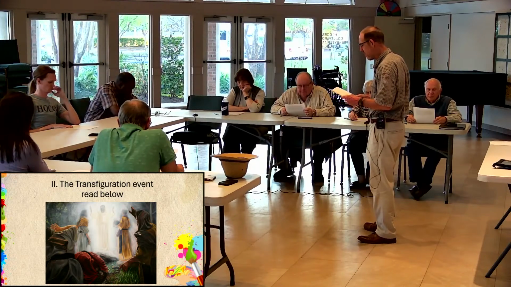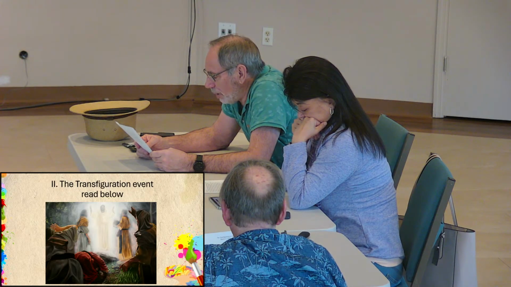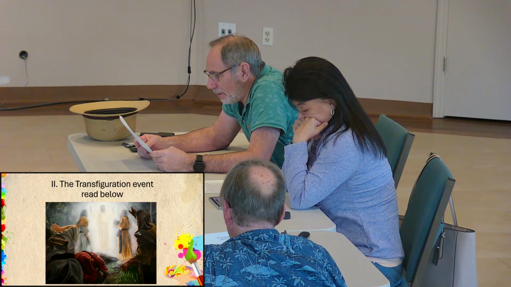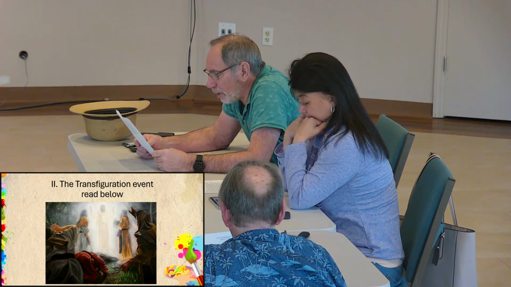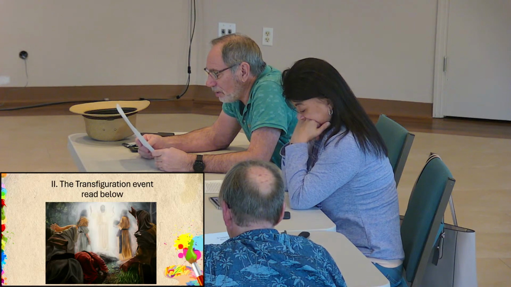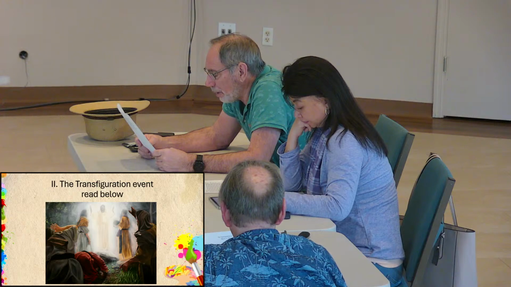Six days later, Jesus took with him Peter and James and his brother John and led them up a high mountain by themselves. And he was transfigured before them, and his face shone like the sun, and his clothes became bright as light. Suddenly there appeared to them Moses and Elijah talking with him.